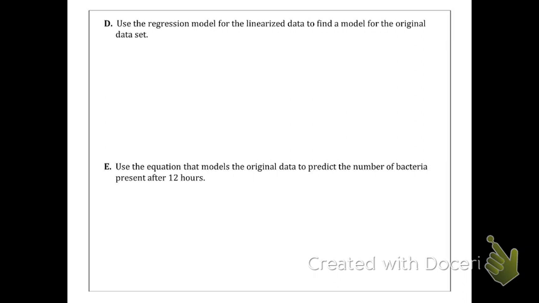So now we're going to go backwards. Well, remember that we had just found that y hat was equal to 0.979x plus 1.809. But our y hat, remember, was our natural log of the y. So I'm going to change that back.